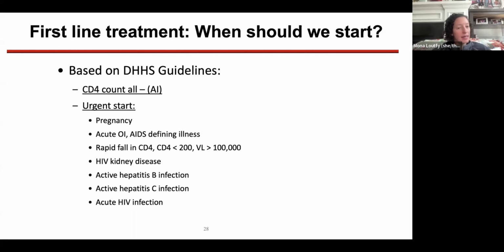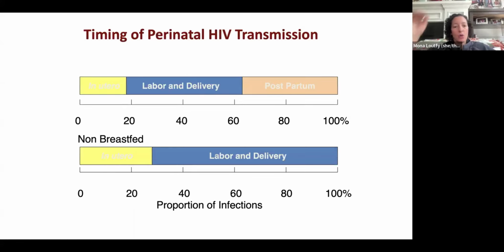So I have a few more slides that I added in that I thought you'd be interested in. I think I have time on pregnancy and HIV. I know a few of you had asked about that, so I'm going to go over that. Interestingly, the slide doesn't show up very well, but I don't know if you know, the majority of the transmission in pregnancy happens at the time of labor and delivery.